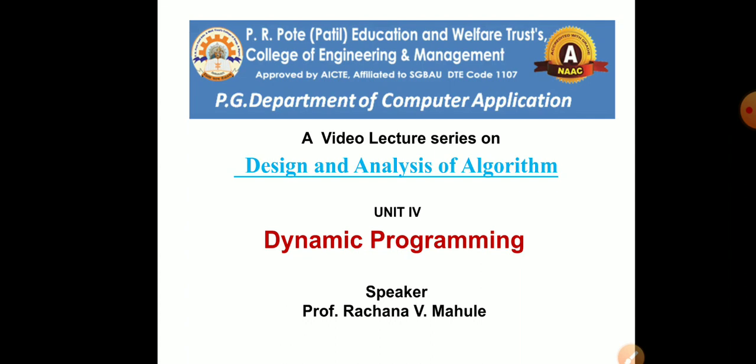There we are thinking of the highest, suppose we are talking about profit, we want maximum profit and minimum cost. That is what we have already learned in the previous two units, units 2 and 3.